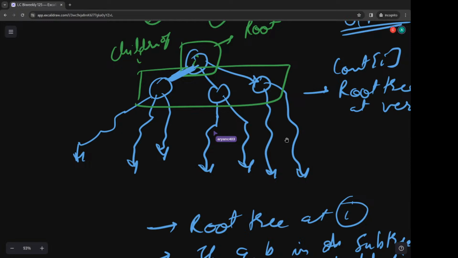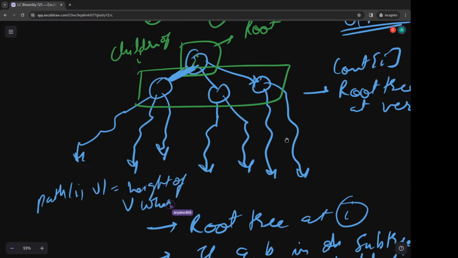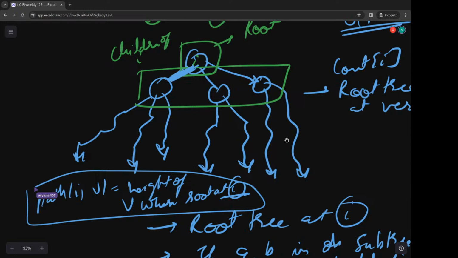If i is the root, then path i to B is the height of node B when the tree is rooted at i. So if we can find the height of all the nodes, and for each subtree maintain how many nodes have length divisible by that, then we are good over here. That was the main idea for this problem.